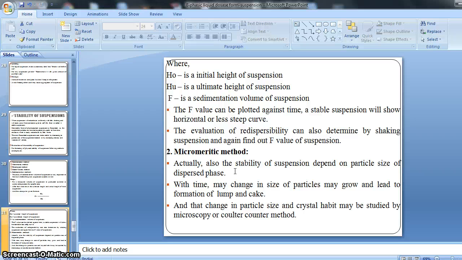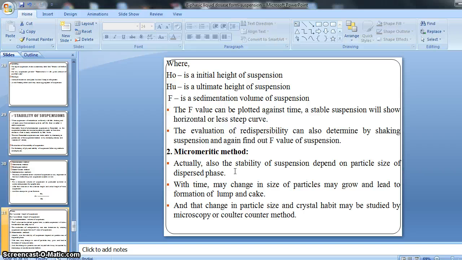Whenever during the preparation or after formulation we put in a small particle size, but after some time there is a chance of the size of our suspended particles increasing or changing, and due to that there is a formation of lump and cake.